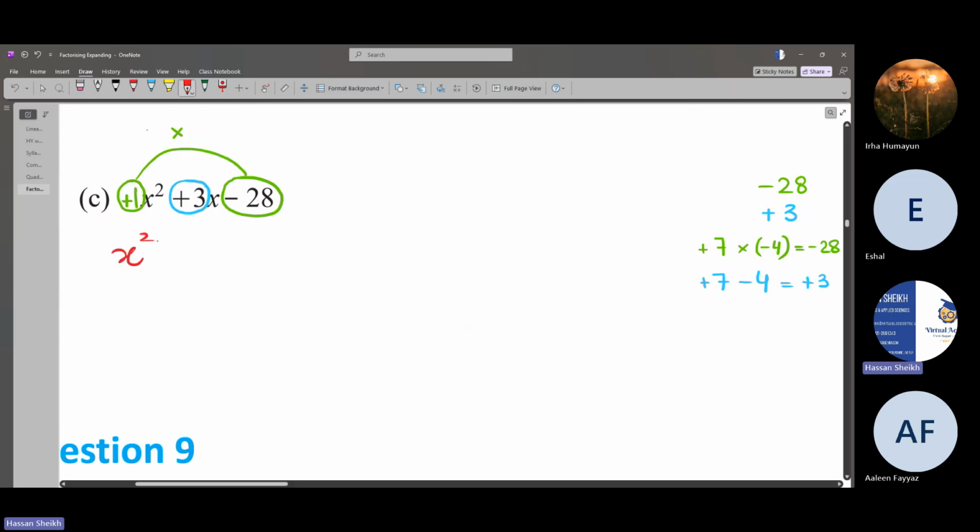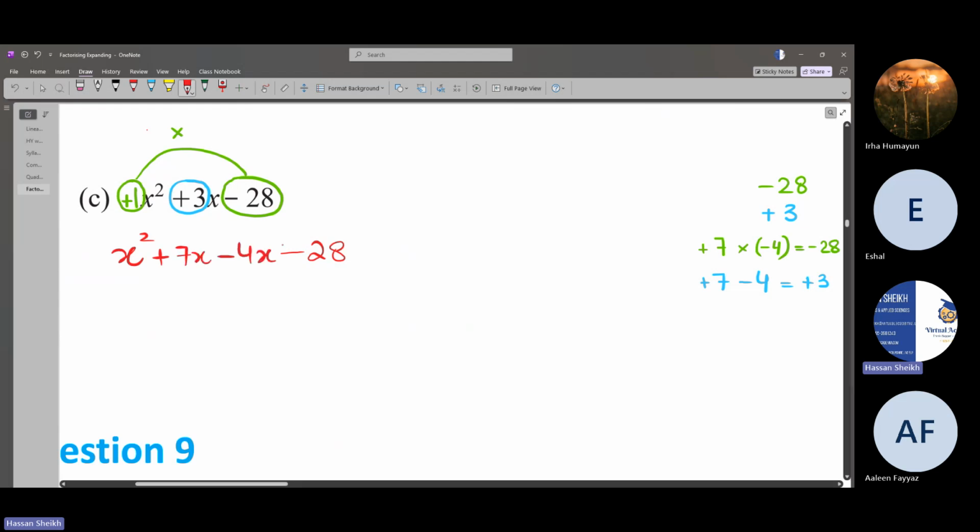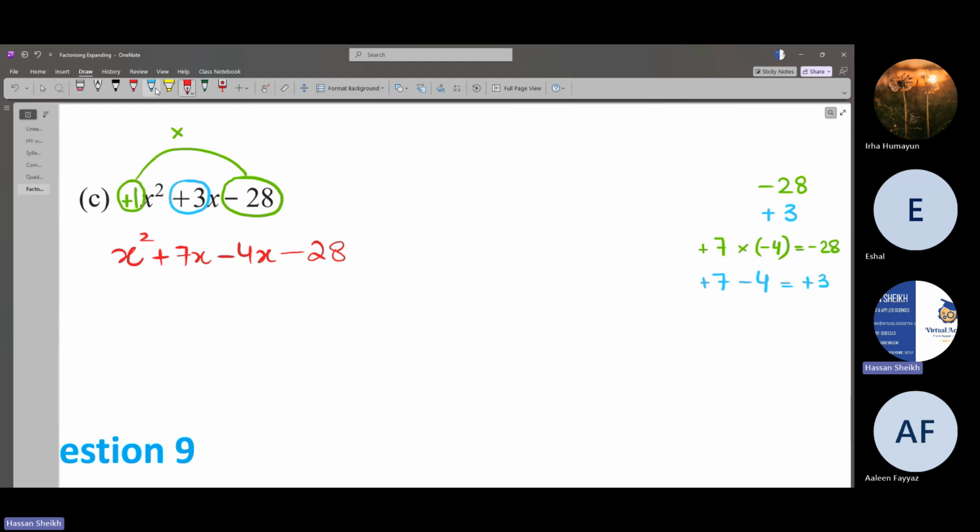So x squared and minus 28 must be written as it is, and plus 3x is broken down into plus 7x minus 4x.